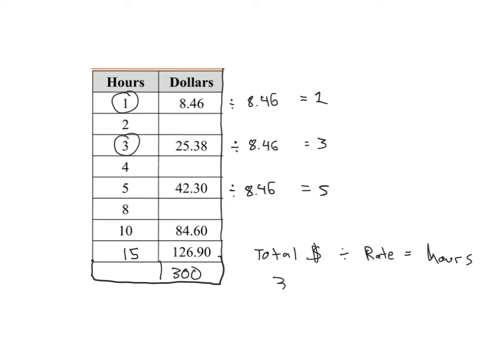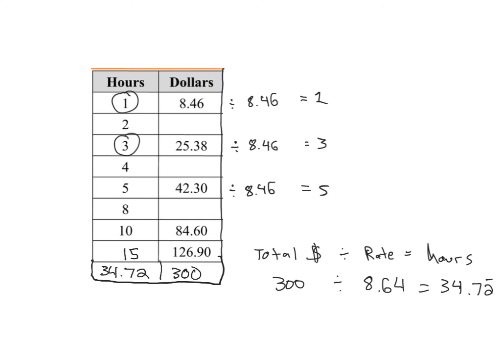So in this case, that would be 300 divided by $8.64. 300 divided by 8.64, which would give me 34.72, and that repeats a million times. So that means that we'd have to work roughly 34.72 hours to earn $300.